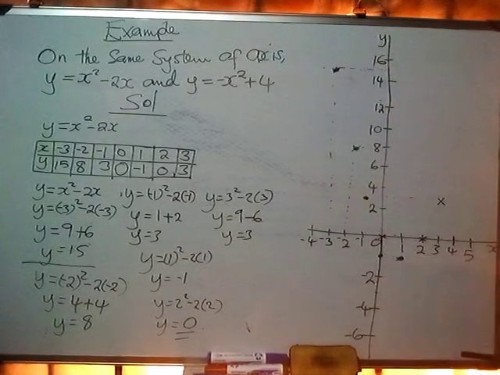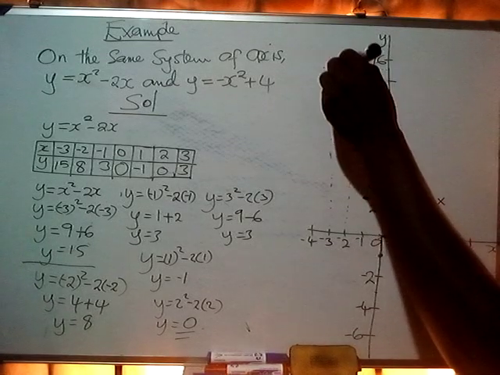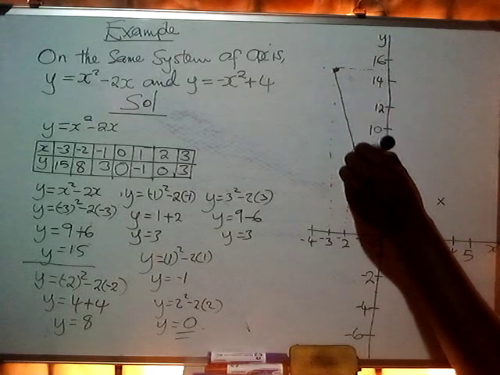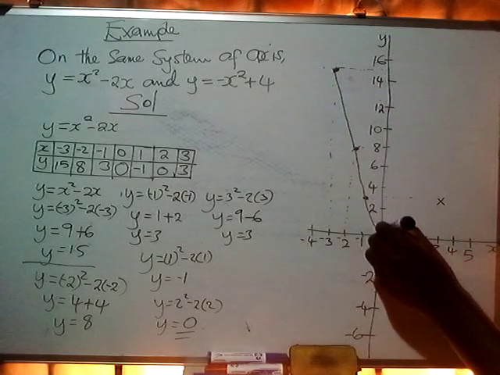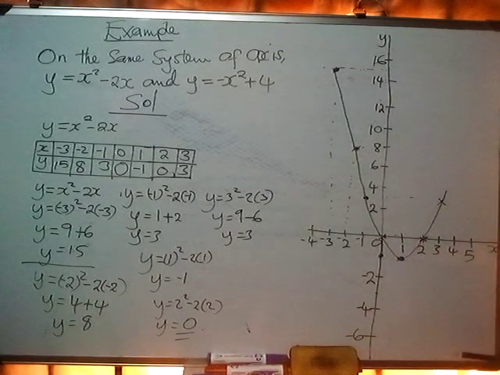Once we finish this, we join all the points we have just made. So this is the graph we have. This graph has been formed. How did we form that graph?